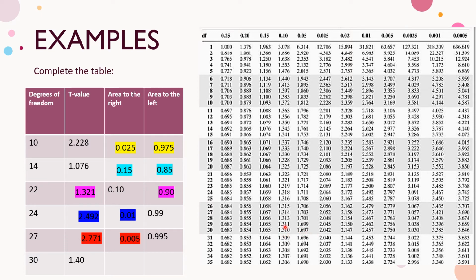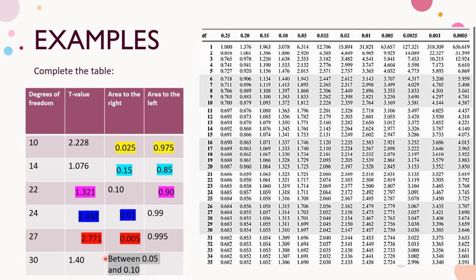So if we are simply using this t table, we do not have exact values for 1.40. So we can write here between 0.05 and 0.10 as the area to the right of 30.